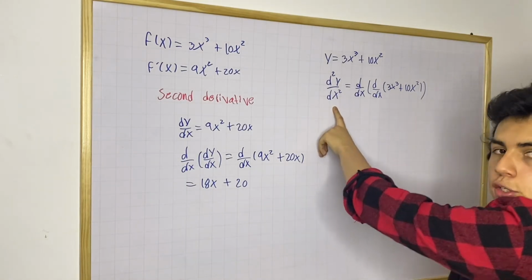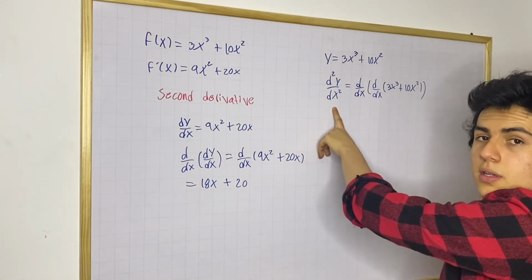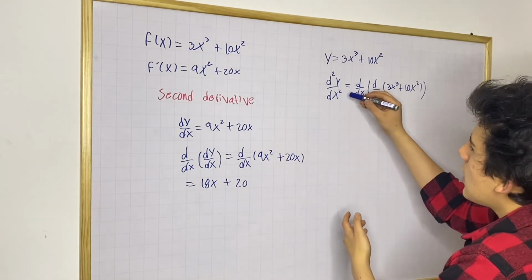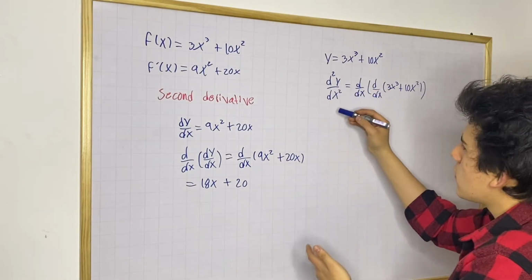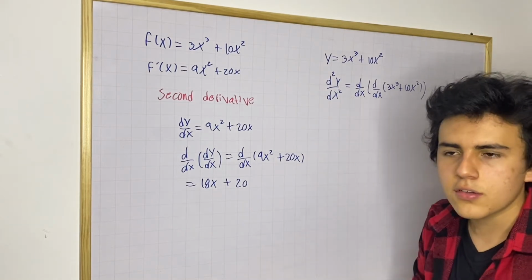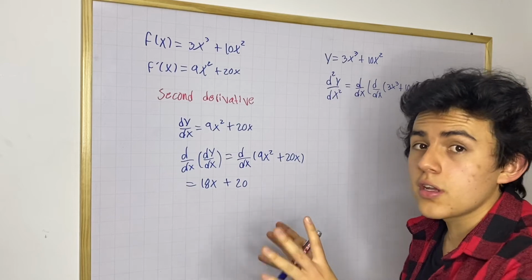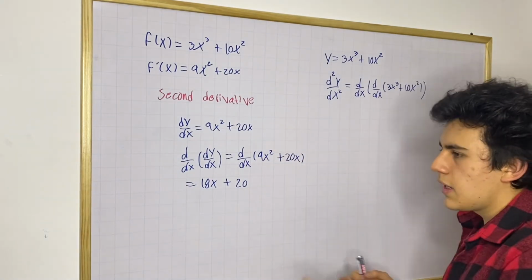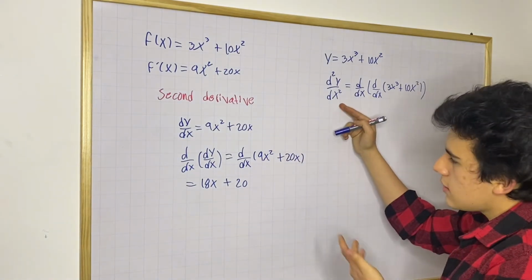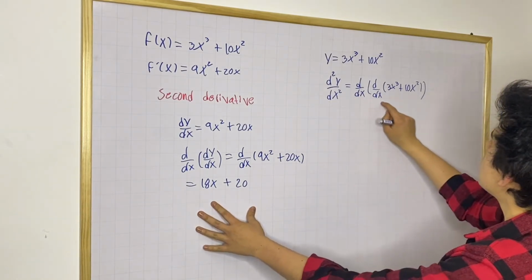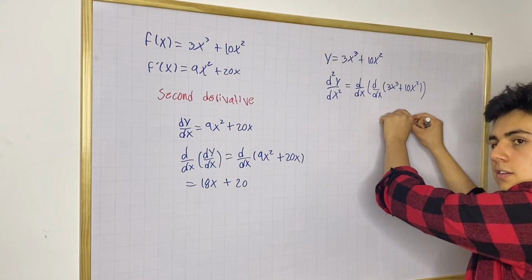Now, this is the notation we use for higher order derivatives. In this case, d2y over dx squared, let's say squared so we can say it faster, but remember, it's not squared because you're not multiplying. Just for the sake of language, this second derivative of y is going to be this. Remember, you go from the inside to the outside.